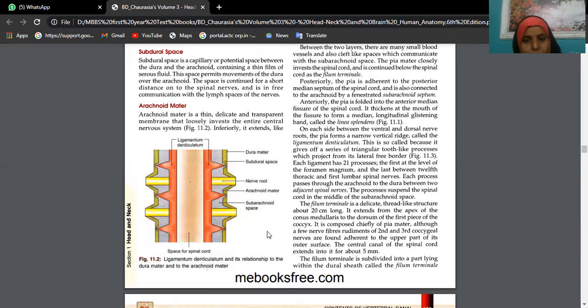Okay, beta? So that is ligamentum denticulatum. Triangular tooth-like processes, 21 such processes we usually find. So that is ligamentum denticulatum.